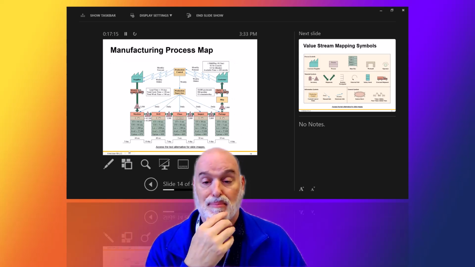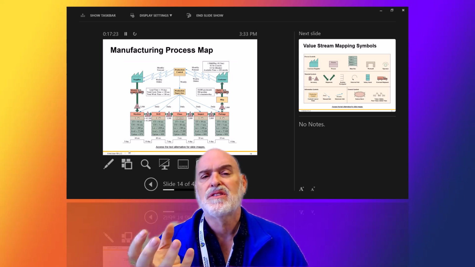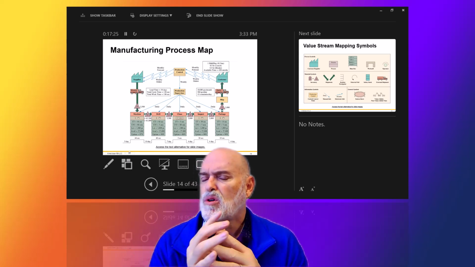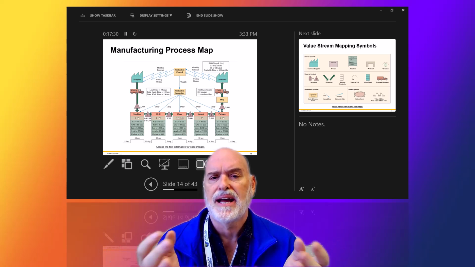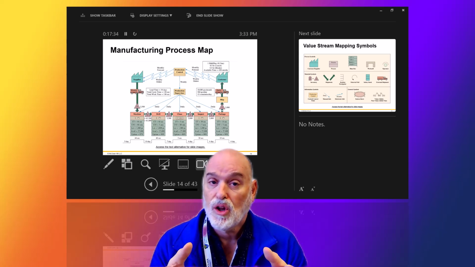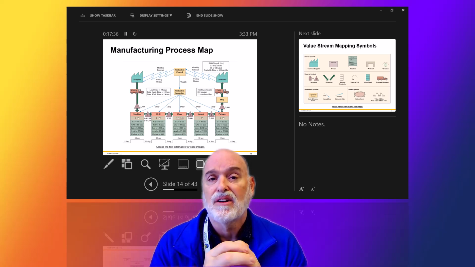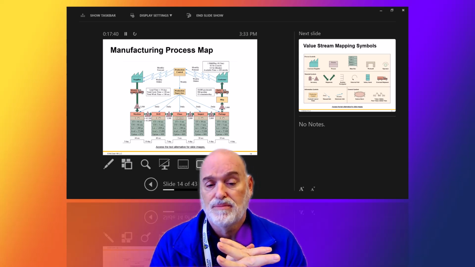Here's a manufacturing process map. Okay? Production control. This is where everything starts. This is where the decisions are made in terms of, well, how much product am I going to make for the particular quarter or particular year or whatever. You all are doing this as you sit down and you begin to make your decisions for the quarter.